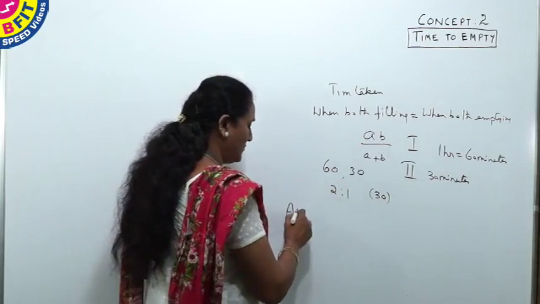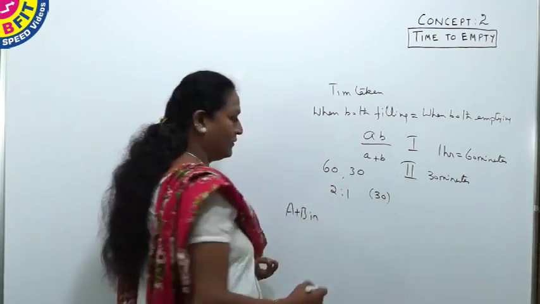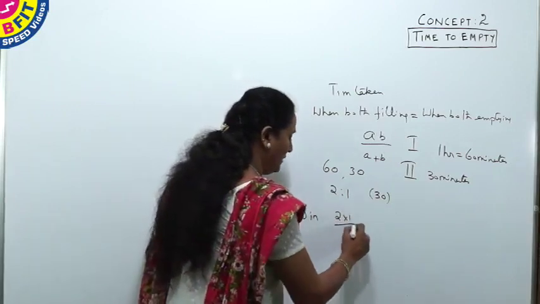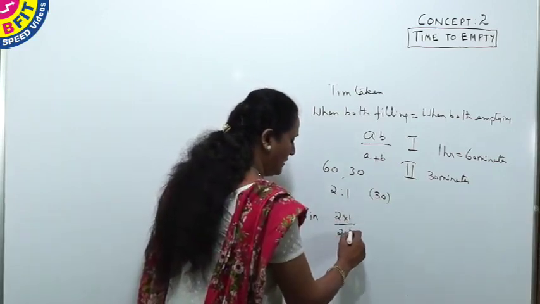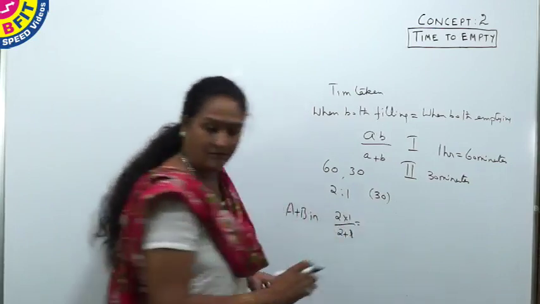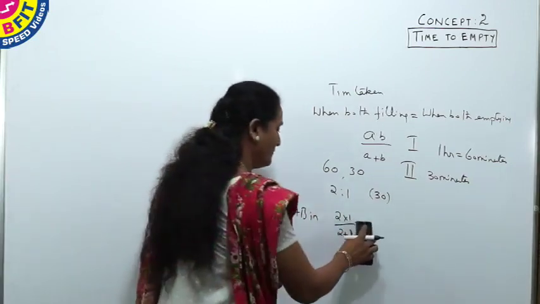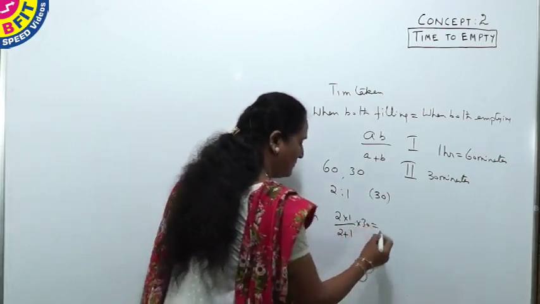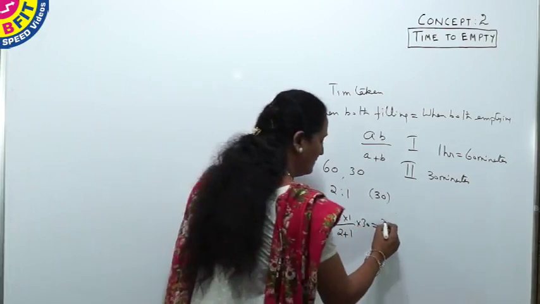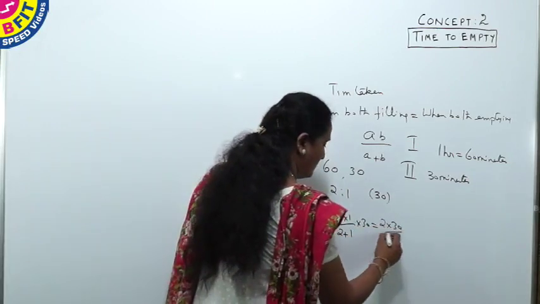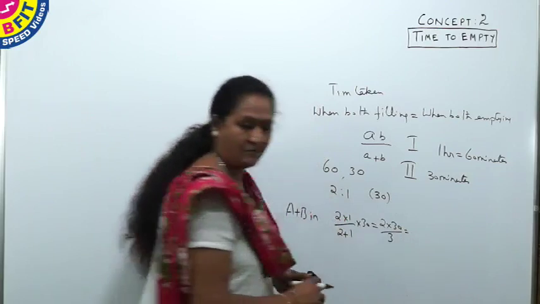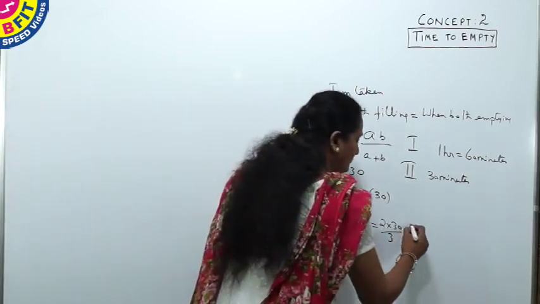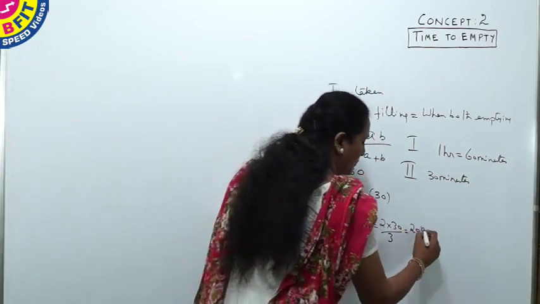When both the taps are open, the time taken for them to empty is 2 into 1 by 2 plus 1, into 30. Now what is the time taken? So 60 by 3, or 20 minutes.